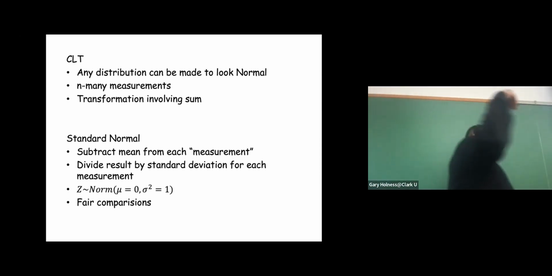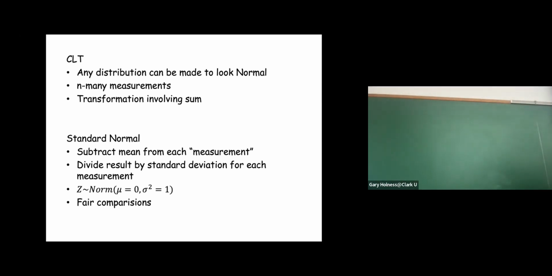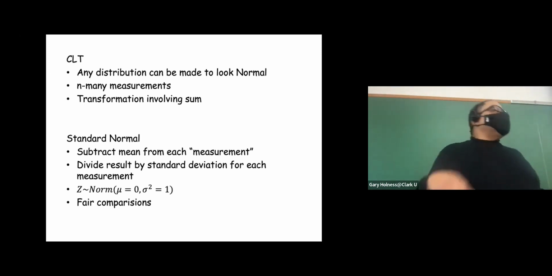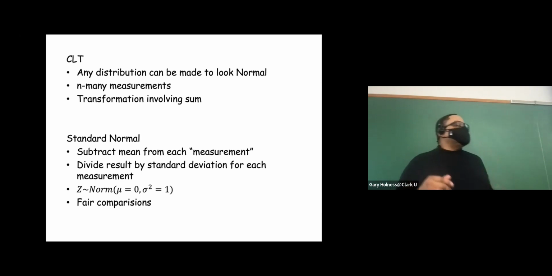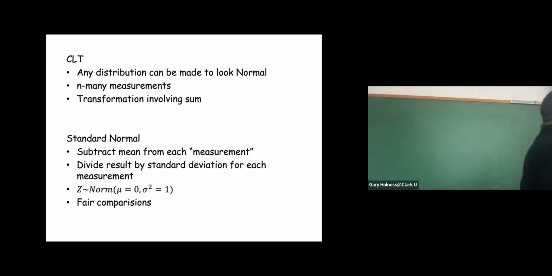So you can take something that's Poisson, you can take something that's gamma, and you can make them look normal. And if you then transform them to a so-called standard normal, which does for distributions what percentages do for proportions, now you can make comparisons between systems, even though they traffic in entirely different quantities and are described by entirely different distribution families. Absolutely beautiful result. Okay. Any questions about this? Does that make sense?